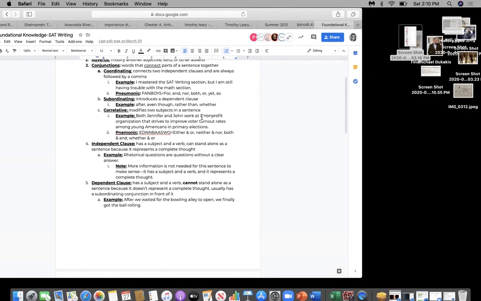And then we have correlative, okay, so those are subordinating. Coordinating are going to connect two independent clauses. And remember, two independent clauses are two sentences that can stand by themselves.